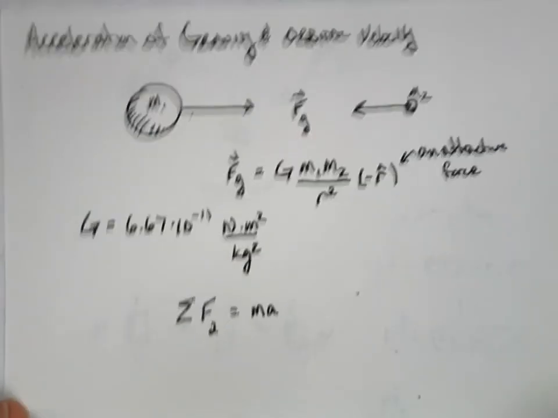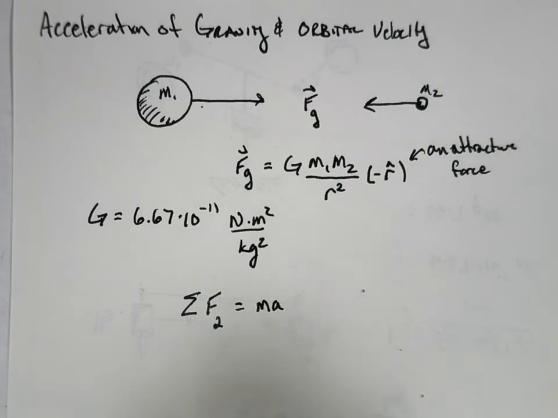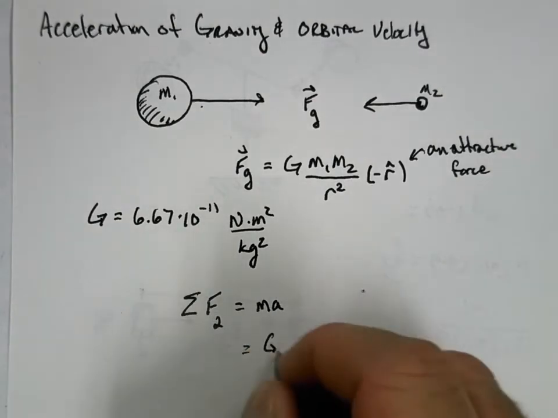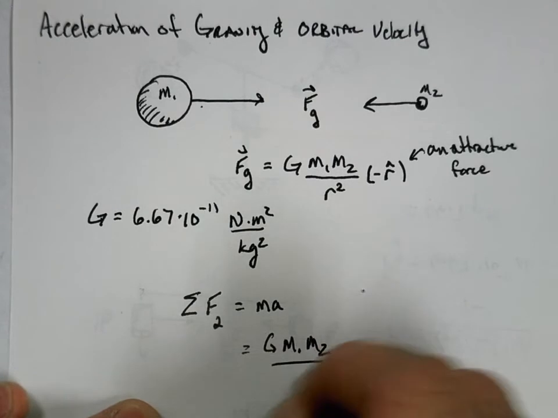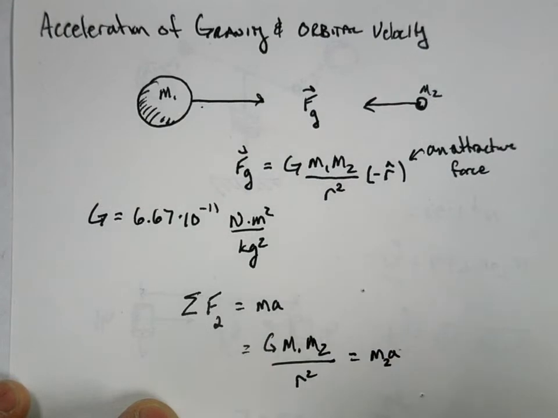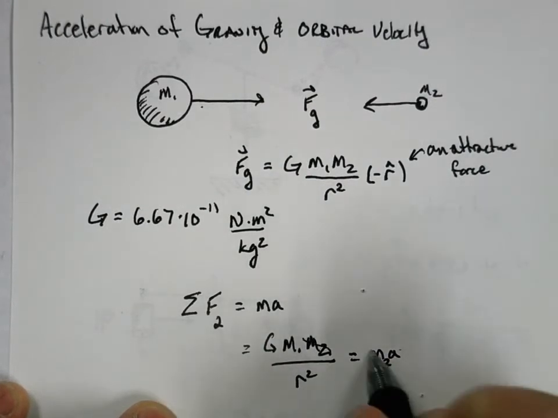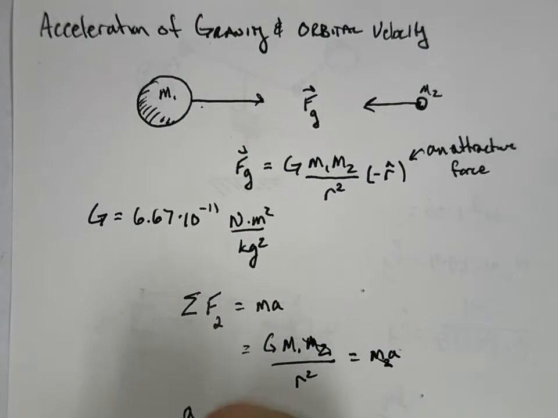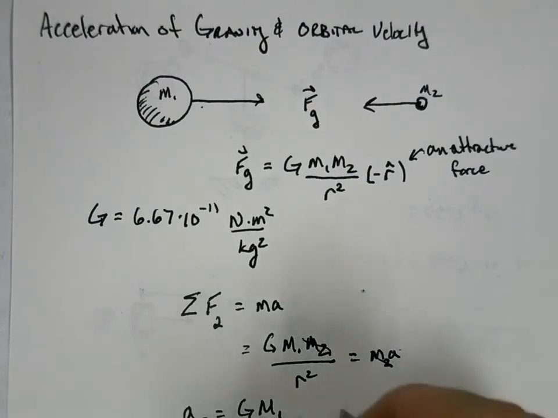Well, if the force acting on it is G M1 M2 over r squared, then this is what also equals mass 2 times acceleration. Well, in this particular case, the M2's can cancel, and so the acceleration on 2 is equal to G times the mass of the first thing over r squared. And then similarly, the acceleration on the first object is going to equal G M2 over r squared.